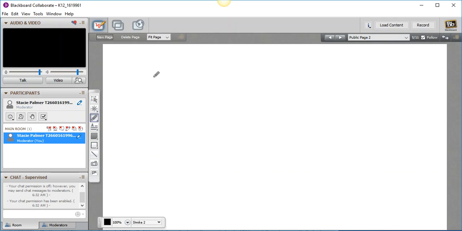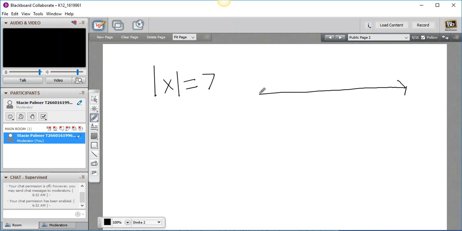Okay, so let's say I give you the absolute value of x equals 7. Well, again, if we're talking about what is 7 spaces away from 0 on a number line, it would be 1, 2, 3, 4, 5, 6, 7 in the positive direction. So 7 spaces from 0.